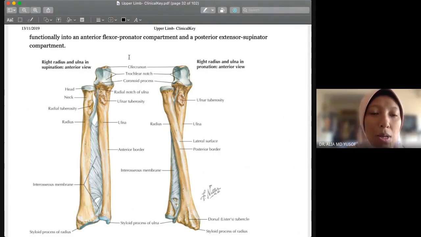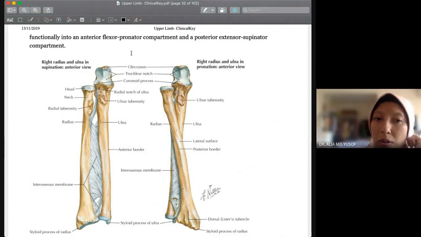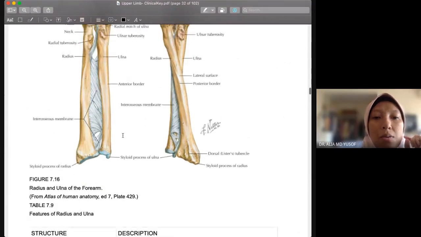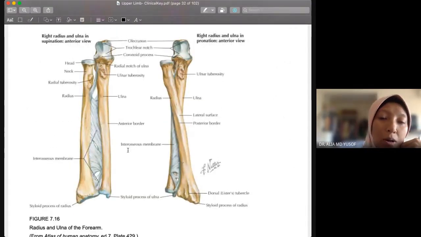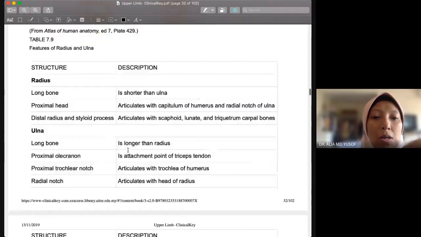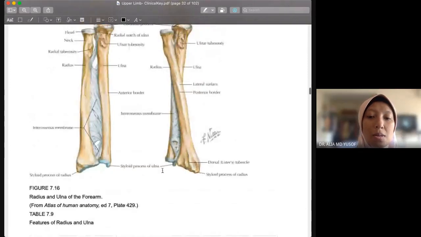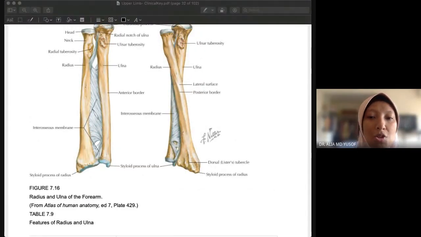This is to help you in remembering the origin for common flexor and also common extensor muscles. So the rest of it you can do as what you did in arm and shoulder girdle previously. So this helps you a lot in memorizing. Thank you very much and see you in next session.